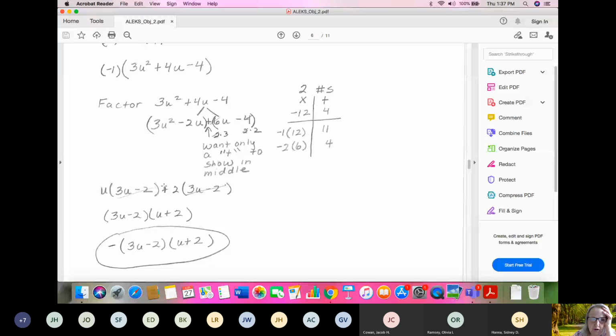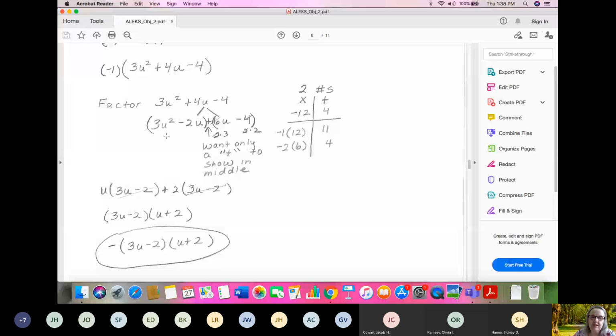So I factored out of here. What can I take out of those two terms? We've got a 3U squared here minus 2U. So this 3U squared is really 3U times U. We've got 2 U's here. So this is really 3U times U minus 2U.